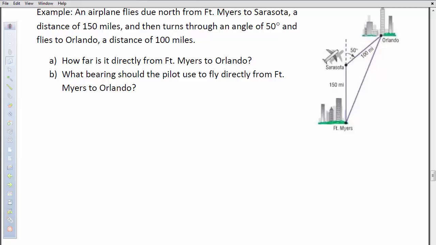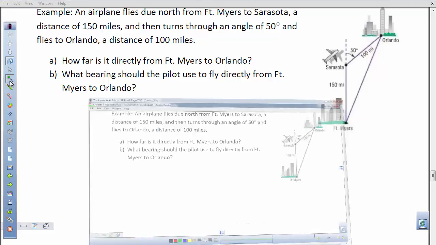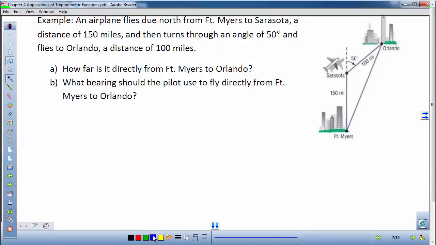How far is it directly from Fort Myers to Orlando? Okay, so what information do we have here? And what are we trying to find? Okay, we're trying to find this side. I'm going to call it S since it's opposite Sarasota.